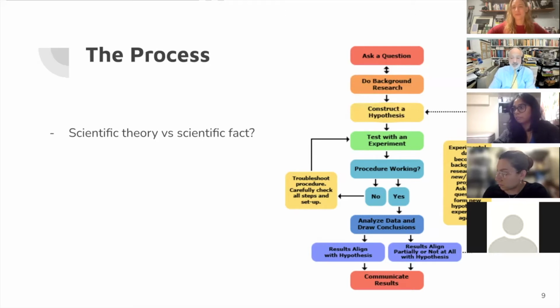Observation and testing and validation is absolutely essential to taking a general theory to a factual observation. But we need to always keep in the back of our mind that there may be exceptions to that rule, or what we accept as fact may need to be modified in light of new evidence or new fundamental ideas. You know, we all believe that DNA leads to RNA leads to protein.